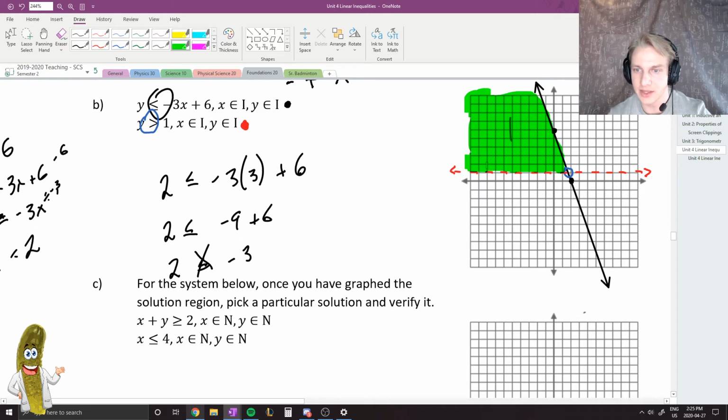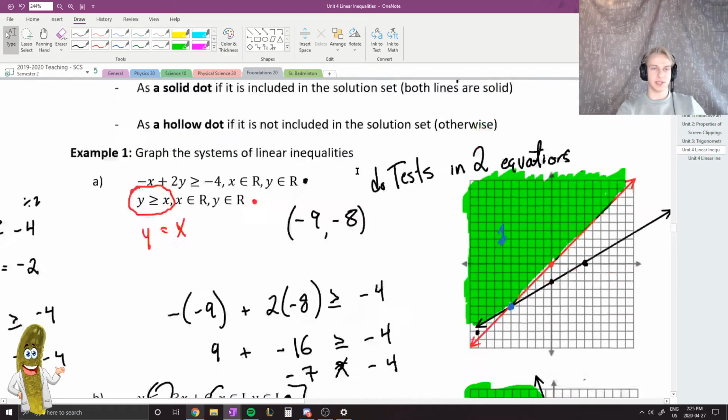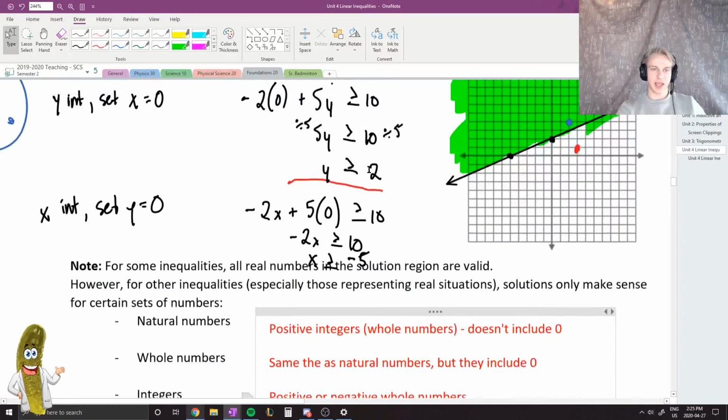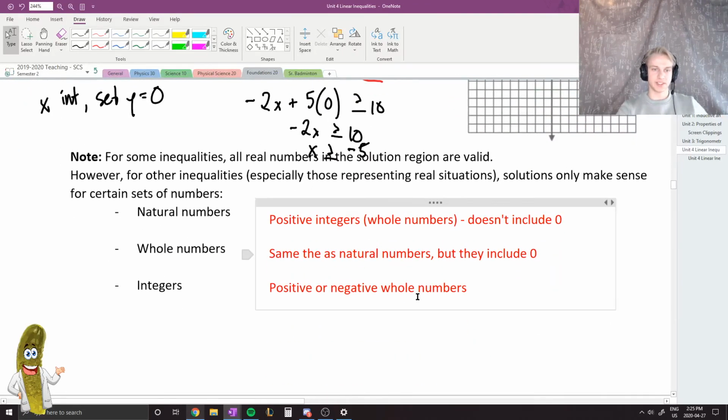I'm not yet done this question, and that was because I have kind of neglected up until this point this last little piece of information over here, where x is equal to any integer and y is equal to any integer. And what we said last time, these points here are going to become really important to you to have those written down or have those saved somewhere.